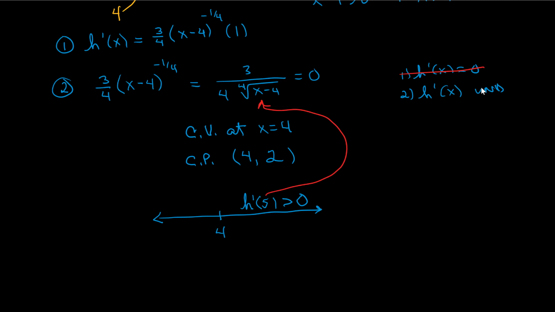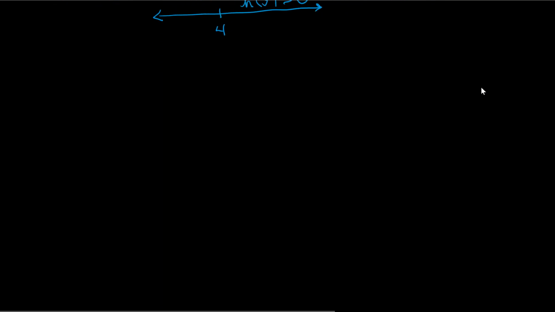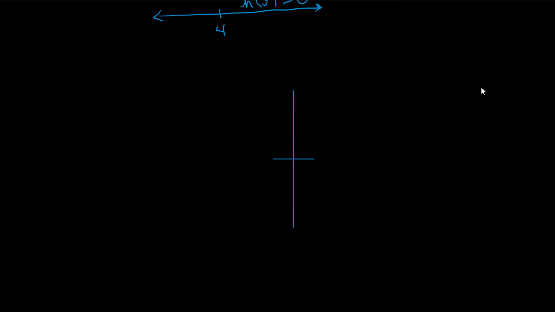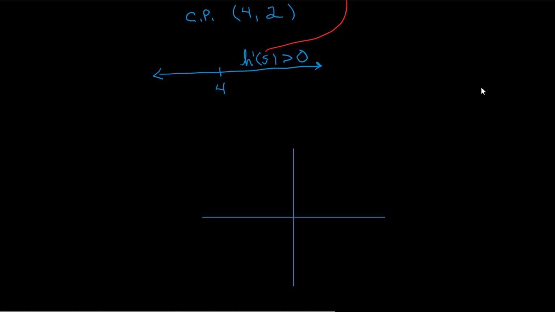Great. So how do we go about graphing this thing? Well, to graph this, I know I have something going on at 4, and the location is over 4 and up 2. So I'm going to go 1, 2, 3, 4, and up 2.